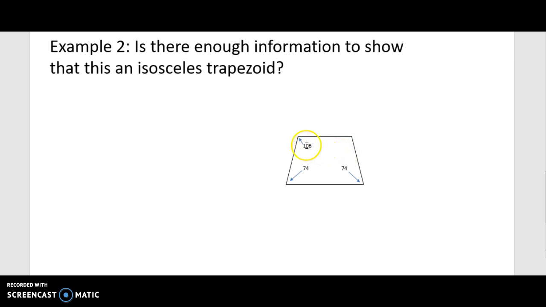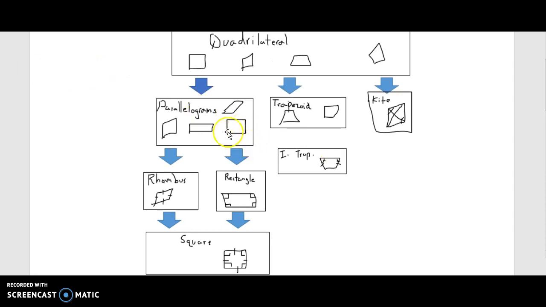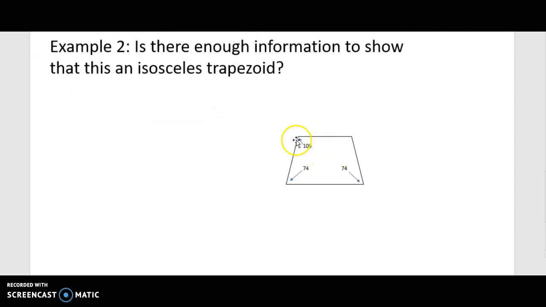However, because the angles that are congruent are not opposite each other, but next to each other, I know right away that this is not a parallelogram. In a parallelogram, the opposite angles would have to be congruent, and that's not true in this shape. So because it's a quadrilateral and it's not a parallelogram, that means right there that it has to fit into the trapezoid category. These two sides are going to be parallel, these two are not.